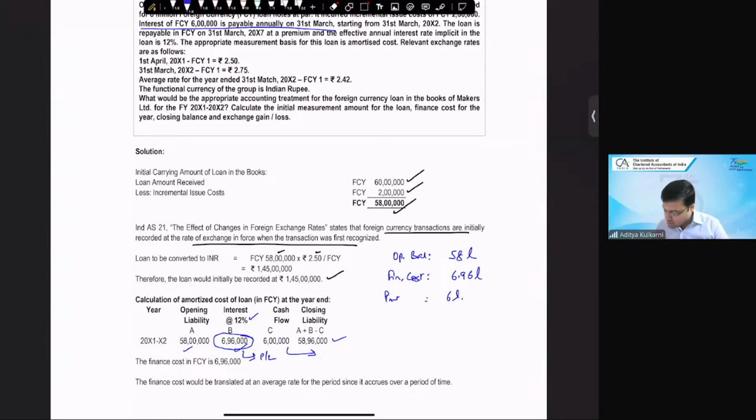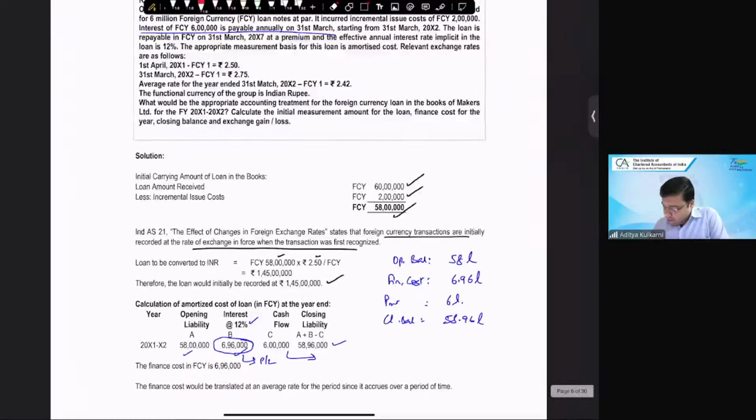And I have a closing balance of 58.96 lakhs. Tell me, what rates are we going to use for conversion? Sir, the loan is a monetary item. Right. So when you take the loan, this will be the spot rate.